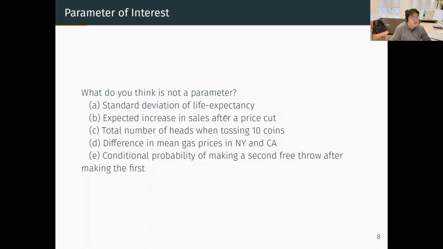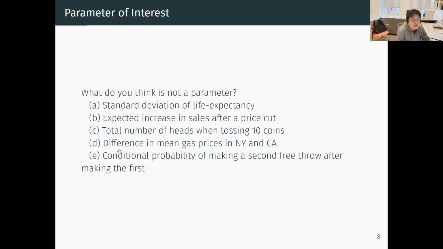That is possible. And B, expected increase in sales after price cut. If you can repeat the experiment infinite times, of course, in reality, it's not possible, but in your imagination, if you can simulate that, you can calculate the expected increase, right?